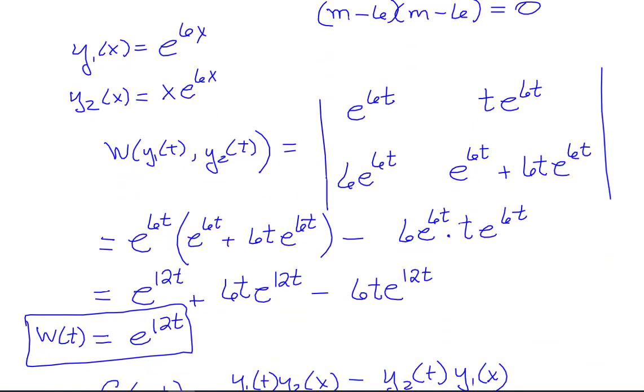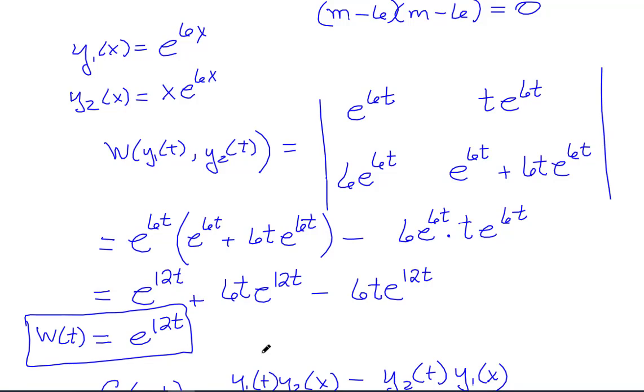All right, so simply fill things in, calculate their derivatives, a product rule, get the determinant. All right, clean it all up, see what cancels. We've got the 6t e to the 12t minus 6t e to the 12t cancels, giving me that the Wronskian is e to the 12t.